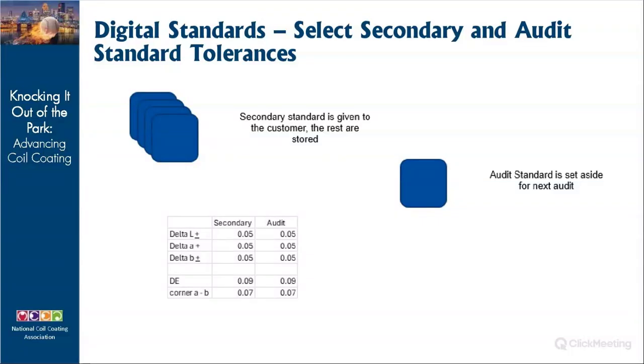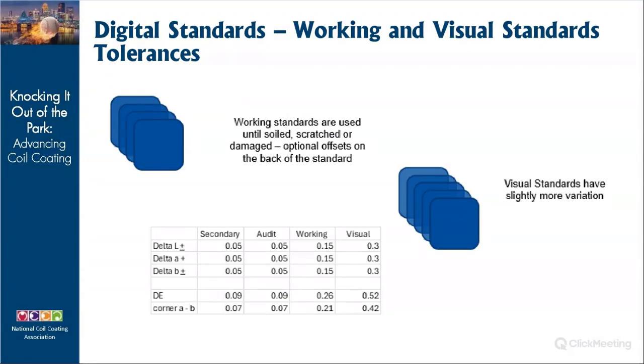The first thing that gets done is pull out a group of secondary standards and audit standards. And a typical tolerance for these is plus or minus 0.05. So very, very tight. And if you look at those tolerances for L, A and B, it's a 0.09 delta E. The next thing is to find your working and visual standards.